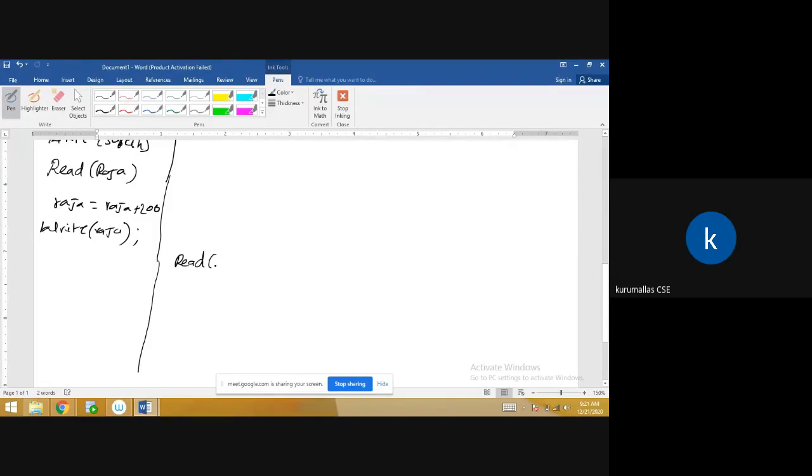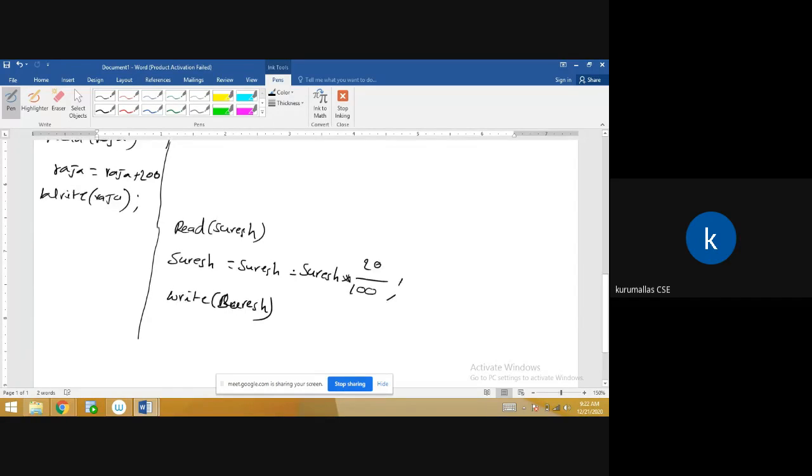Read Suresh's account. Again, we have to read the Suresh account. Suresh equal to Suresh into 20 percent. We are taking 20 percent of the balance from the Suresh account and adding it to the Raja account. Once we take this amount, we write it into Suresh.